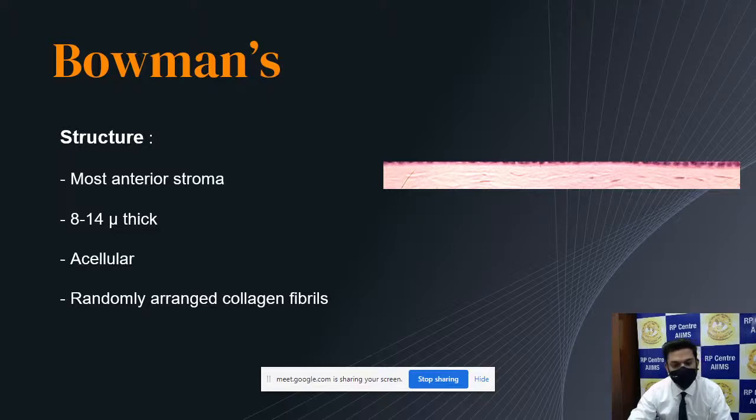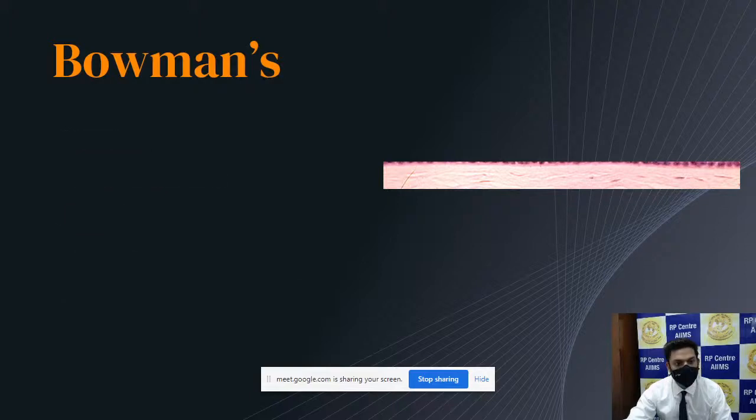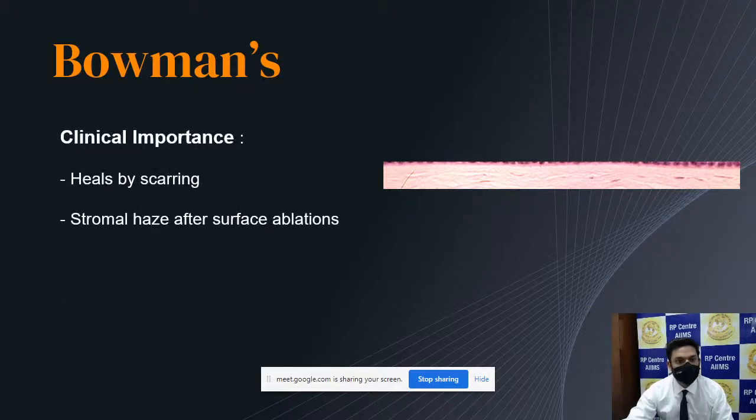So I'll be talking about the anatomy of cornea and limbus. I'll be speaking on embryology and development, structural considerations of the layers of cornea, the corneal transparency theories, blood and nerve supply of cornea, and the anatomy of limbus. Basically the corneal epithelium is derived from the surface ectoderm.